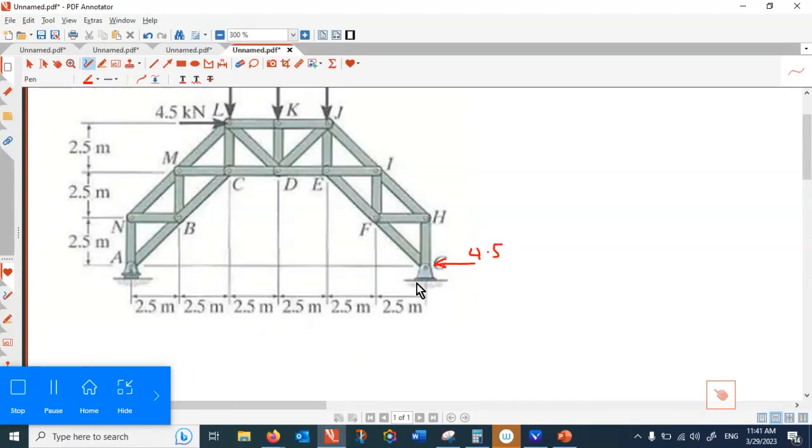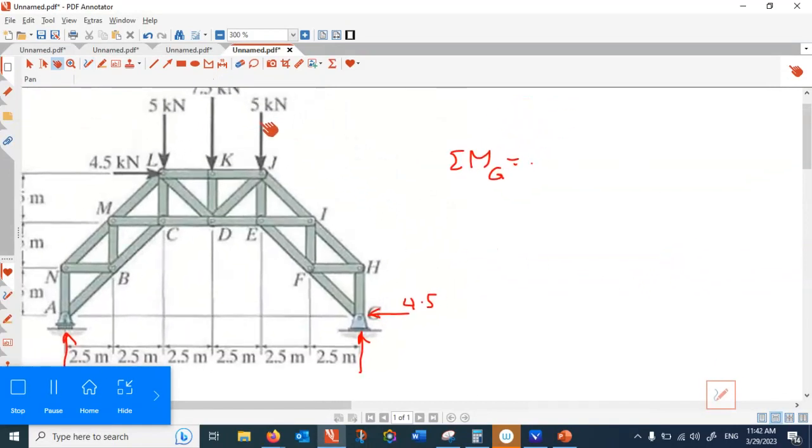And then you will have, okay, we are only interested in AY, and therefore I'm taking net rotation with respect to G equal to 0. And that is with respect to the G.